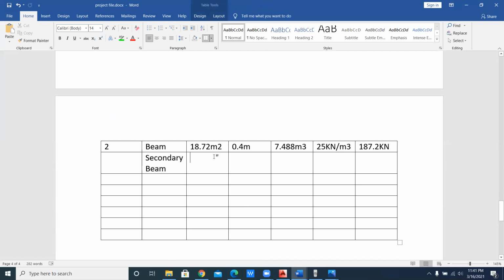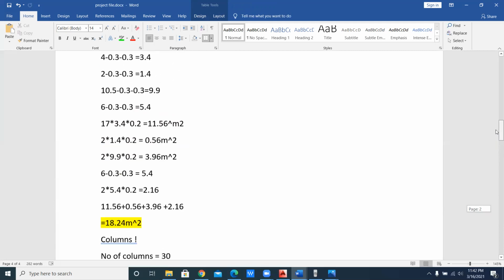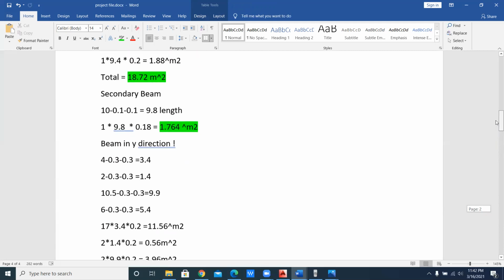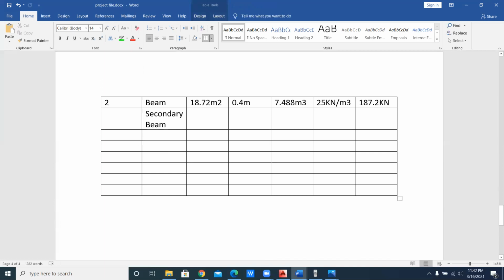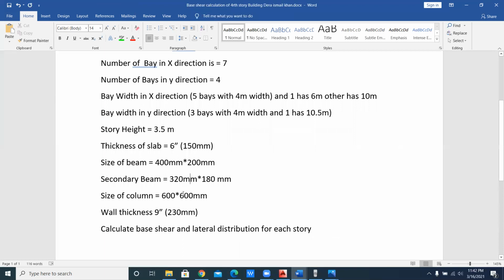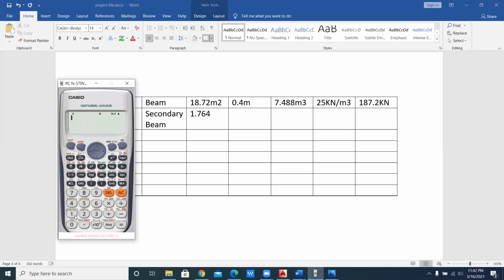Now the area of the secondary beam is normally how much? That is 1.764, sorry for my mistake, 1.764. And what about its depth? If you open this, that is 320. It means 0.32. 320 divided by 1000, that is 0.32.